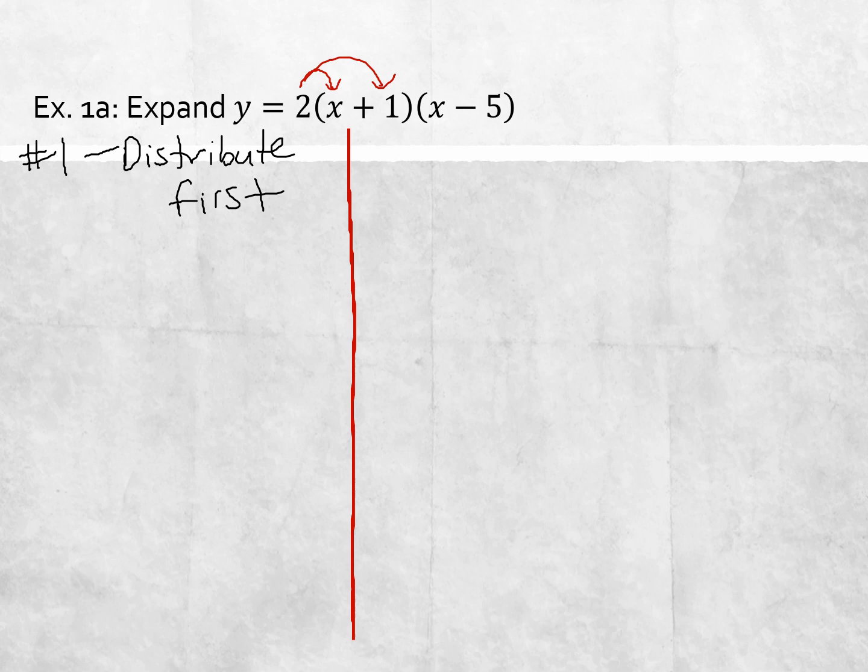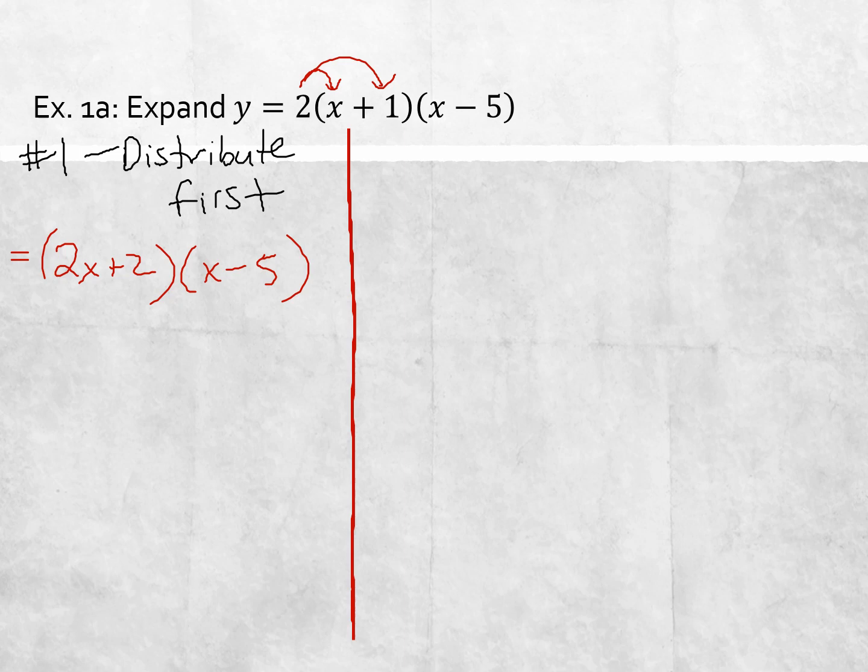Now you only do the first side of brackets, because that 2 is only attached to the x plus 1. So when we do that, 2 times x gives us 2x, 2 times 1 gives us 2, and then we still have the x minus 5. Now we need to expand that like we did yesterday.